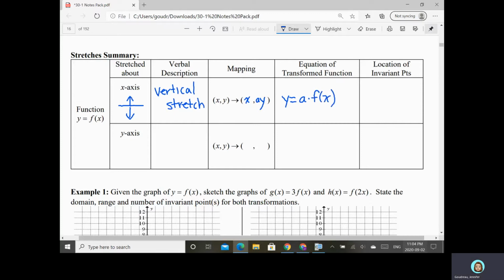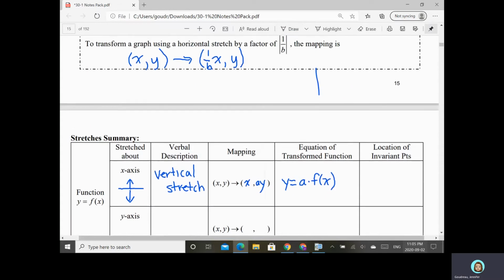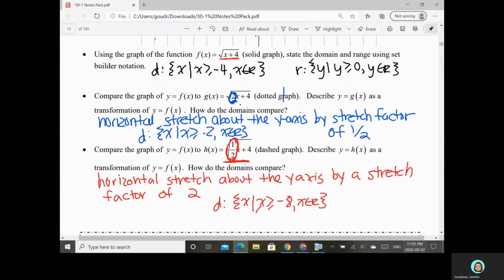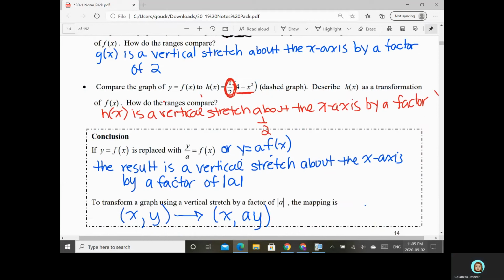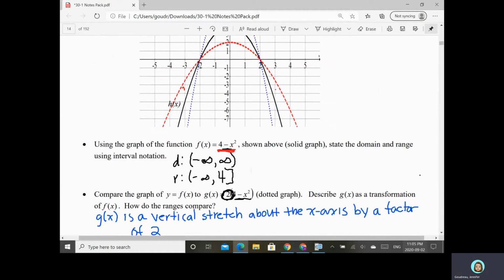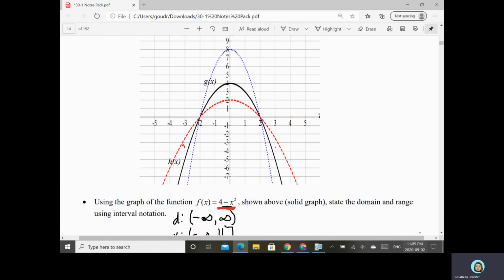Now, location of invariant points. Will there be invariant points if we have a stretch? There will be. So let's go up and have a look at that vertical stretch up here. You'll notice that some of the points have stayed exactly the same. The points that are exactly the same on all three of these, and you can see it in this one, are the x-intercepts.